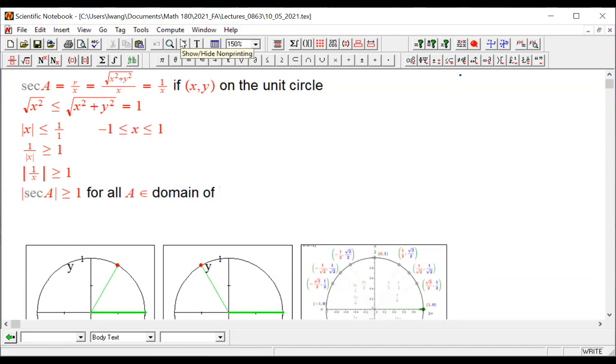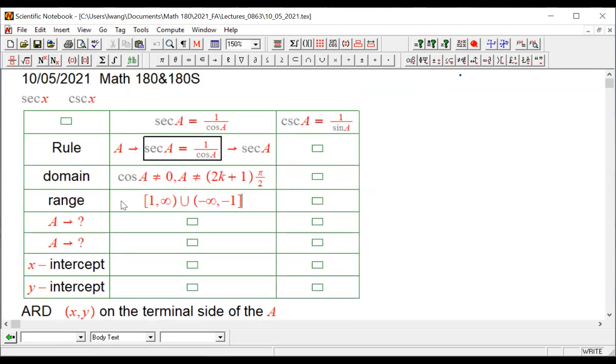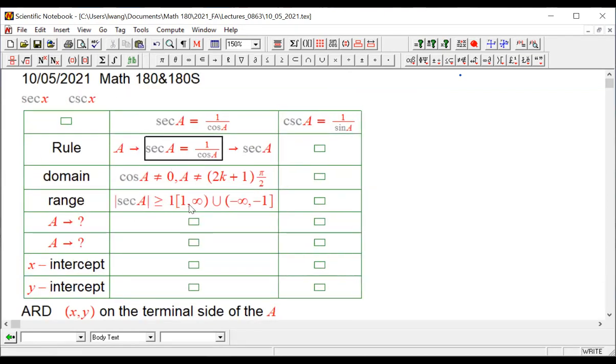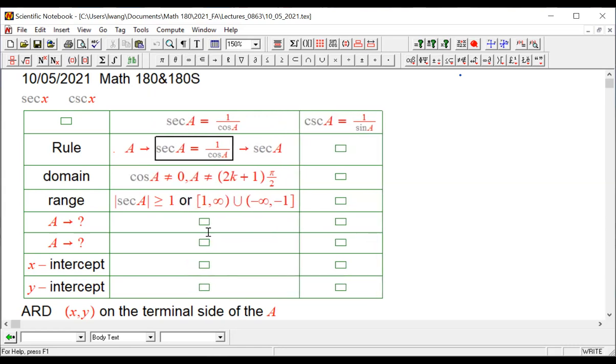This is the inequality form of the domain. These forms are often used. You can look it up, but this form is not addressed enough.